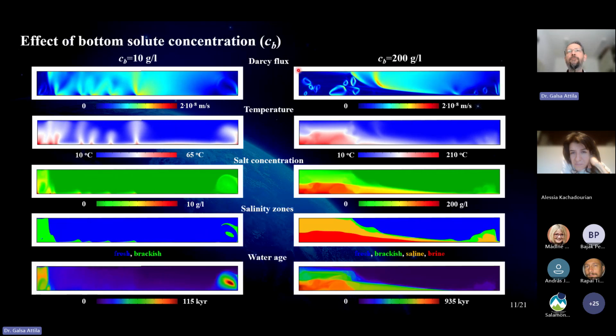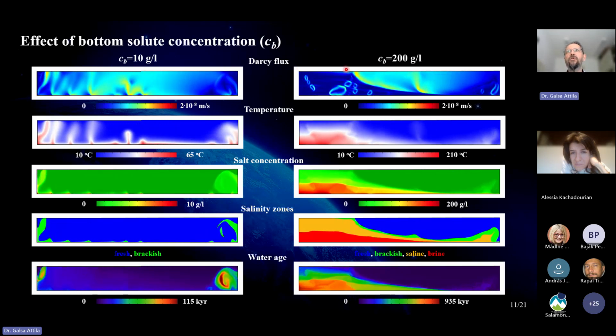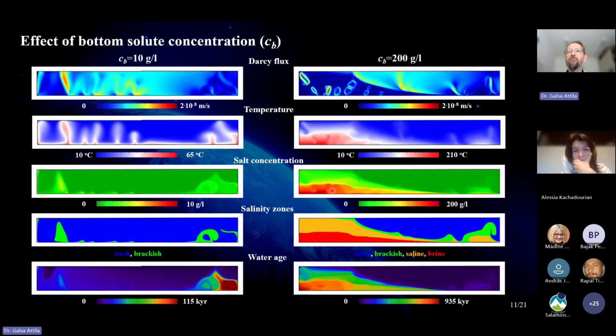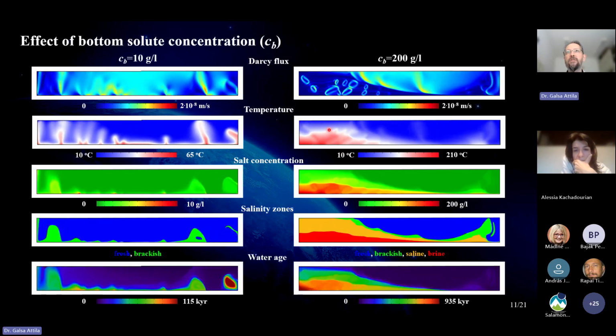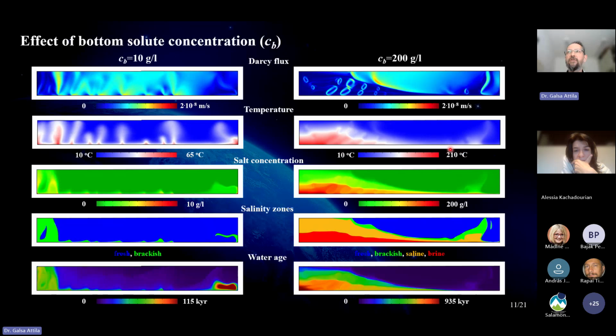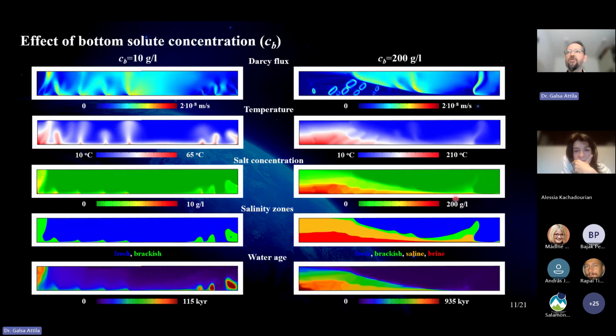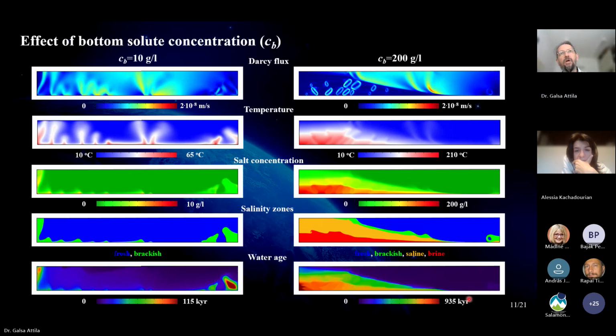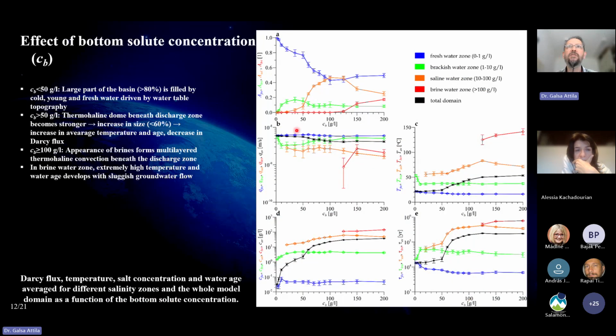That's why beneath the discharge zone, a strong and multi-layered thermohaline dome forms with extremely high temperature, salt concentration, and water age. All this in numbers.